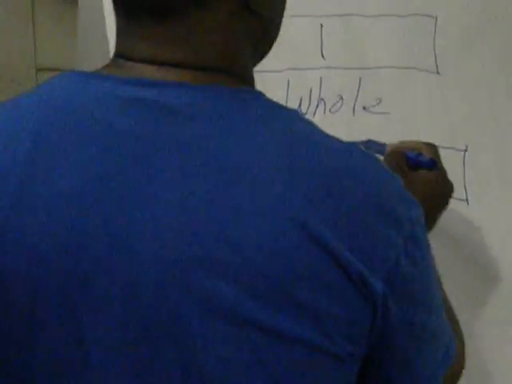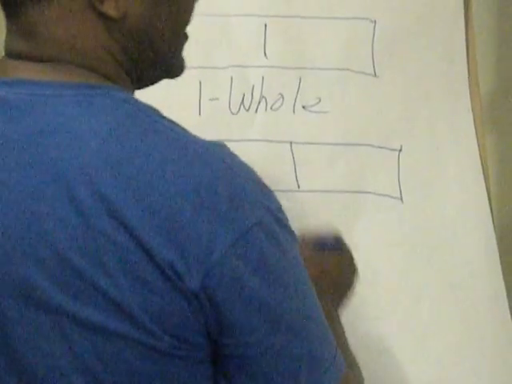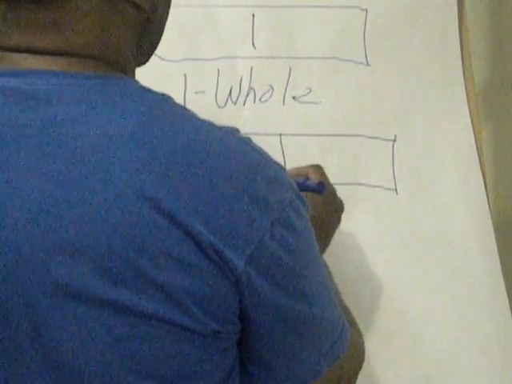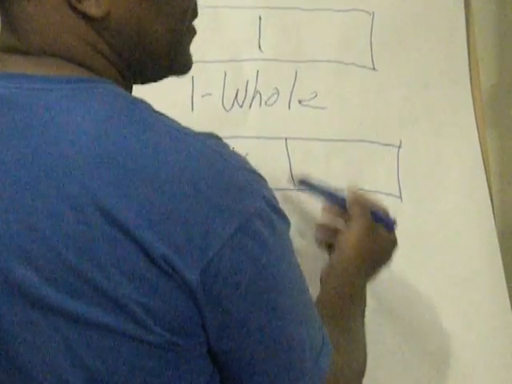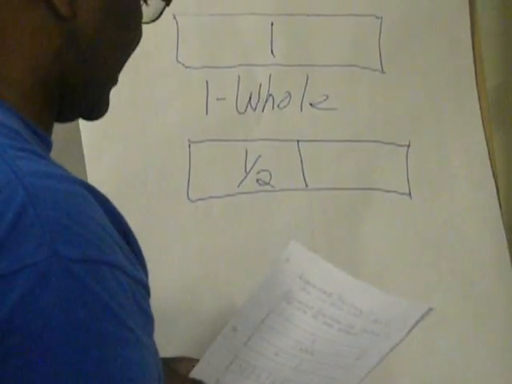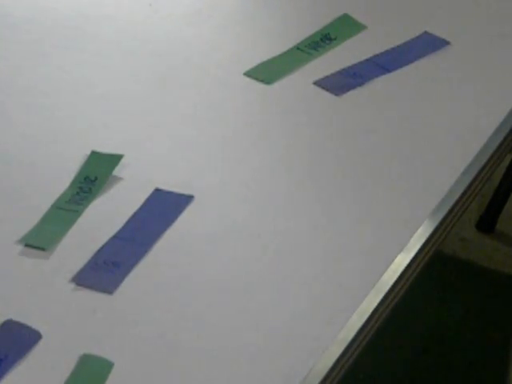Next, get your other piece out. As we draw in here, you'll see that even if I split it in half, one half, it takes two halves to make a whole number. Now you get your other piece. We're going to break it up so you can see how a whole number is still a whole number.